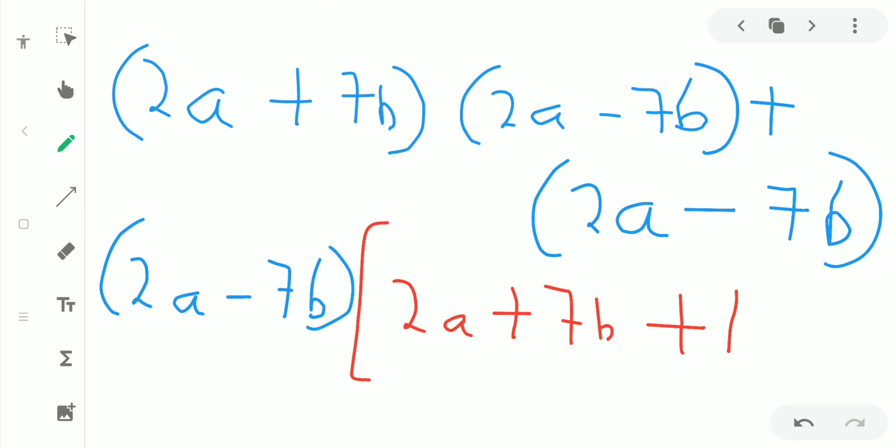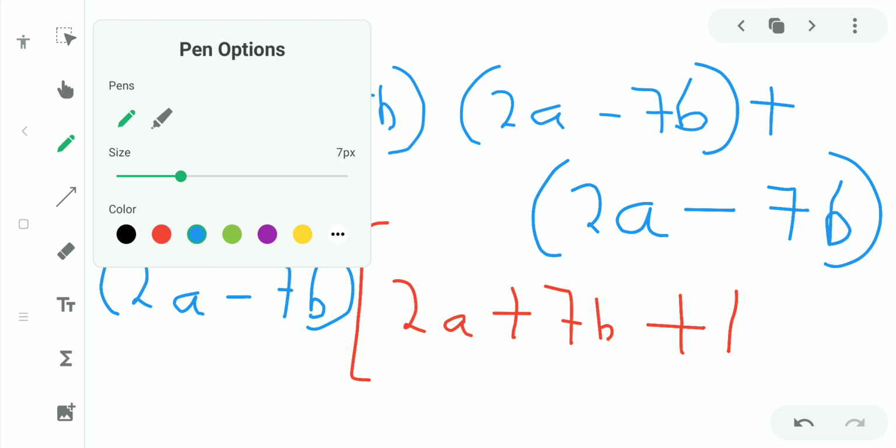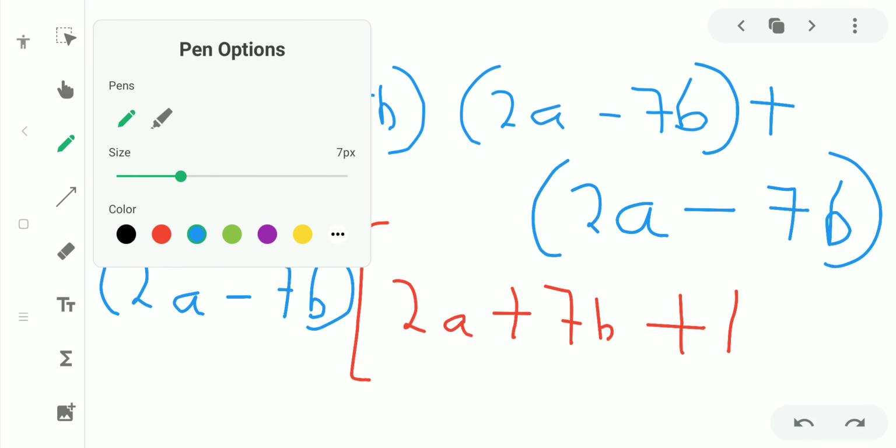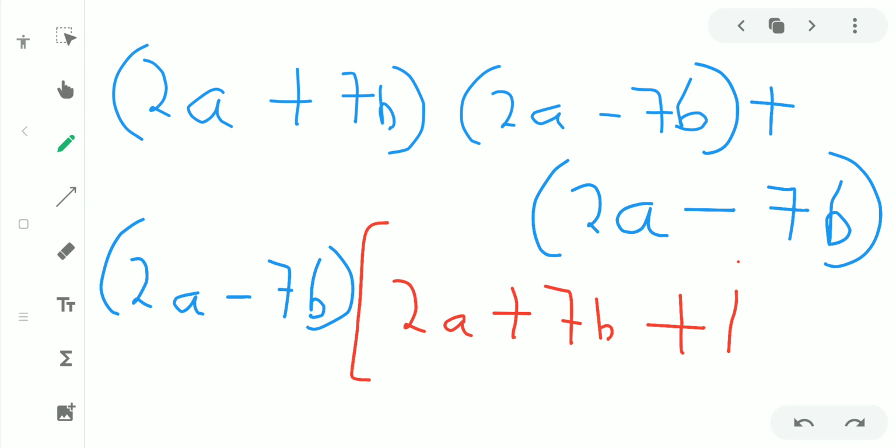Plus 1, because here plus is the separator and here I have written 1 because 2a minus 7b is nothing but 2a minus 7b times 1. So now this is the final answer. We cannot simplify it any further.